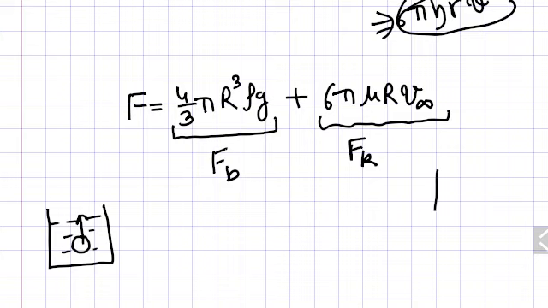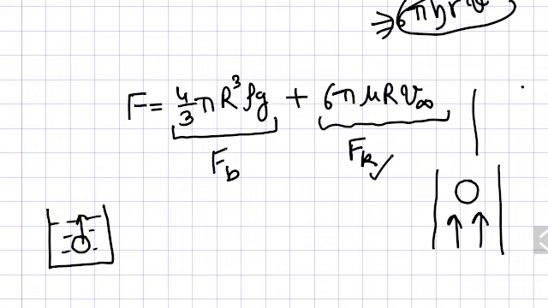For example, fluid is flowing in a pipe and you put the sphere here, then this force will act. Or even if the fluid is static and only the sphere is moving, the sphere will have this force on it. So this is called kinetic force.